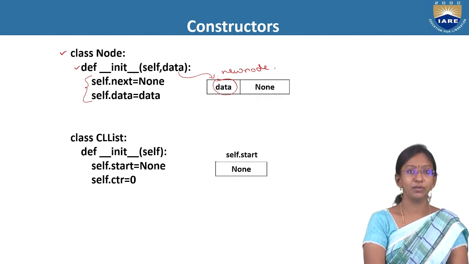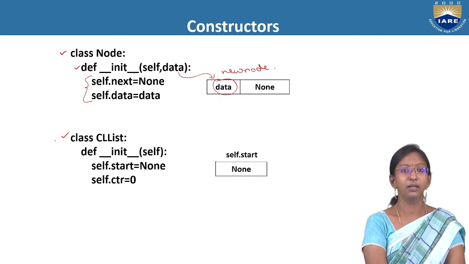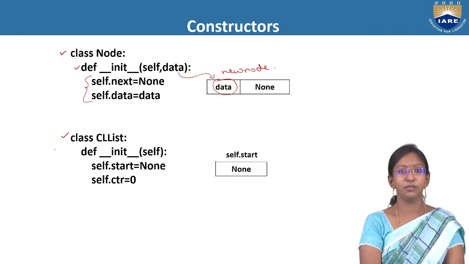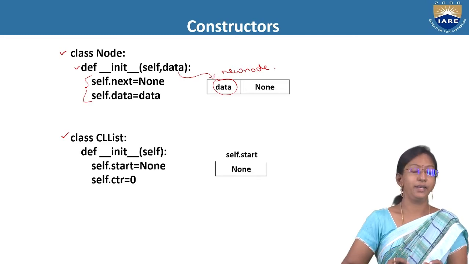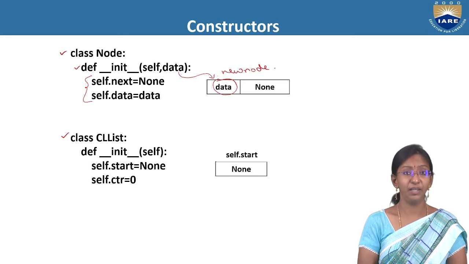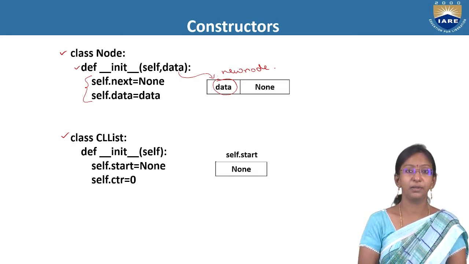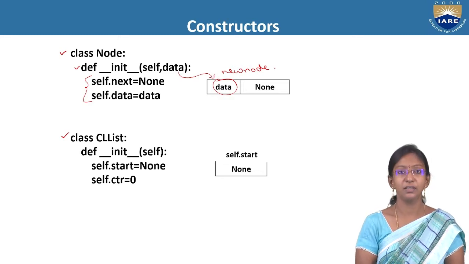Coming to the next class, which is the circular linked list class. What does it consist of? Basically, it consists of a start pointer. Linked lists have many advantages. Dynamically, we can create the data points, and insertion, deletion, and search operations are very easy.